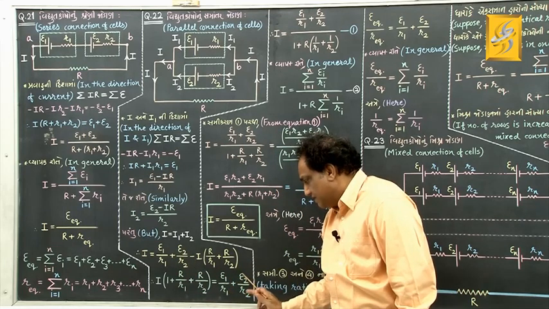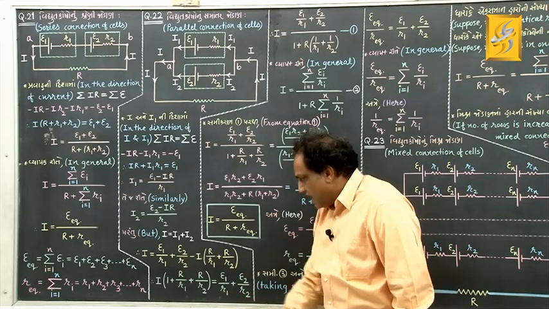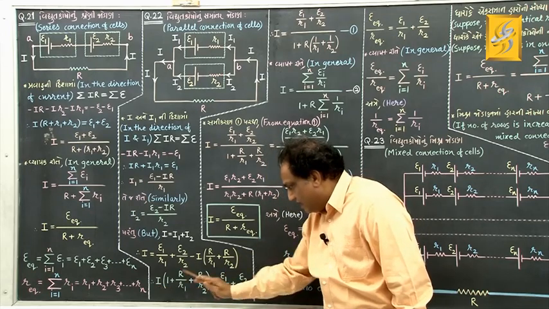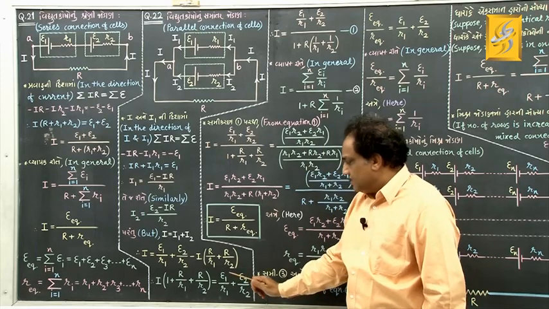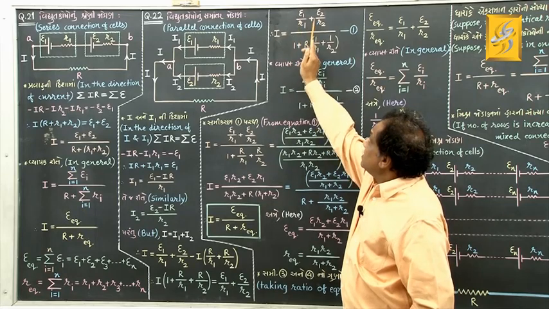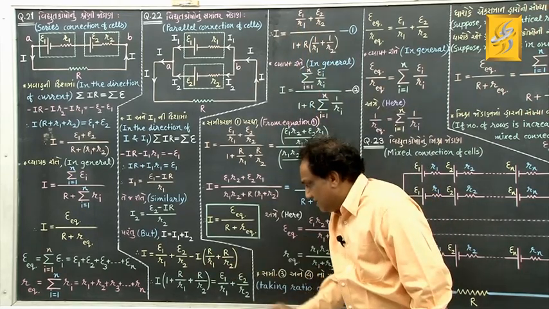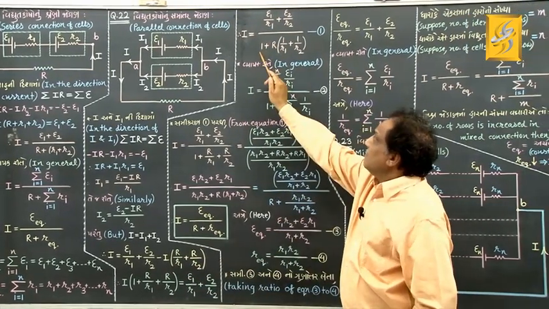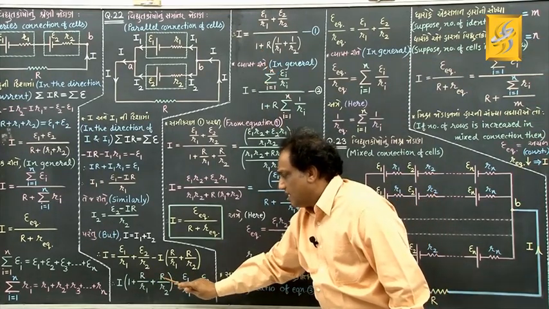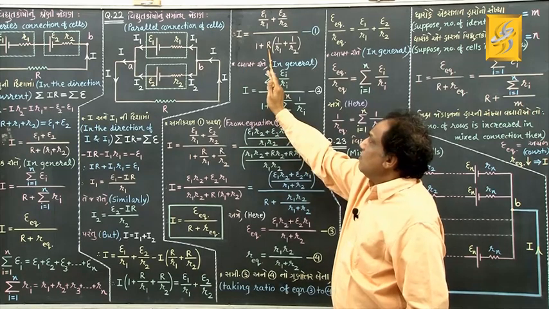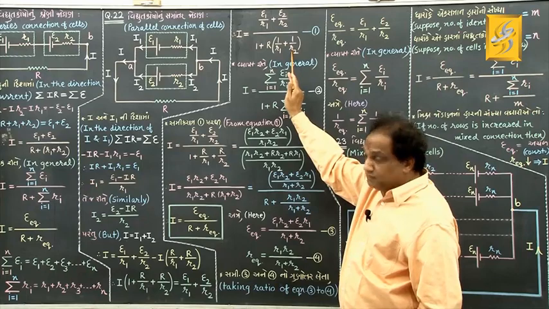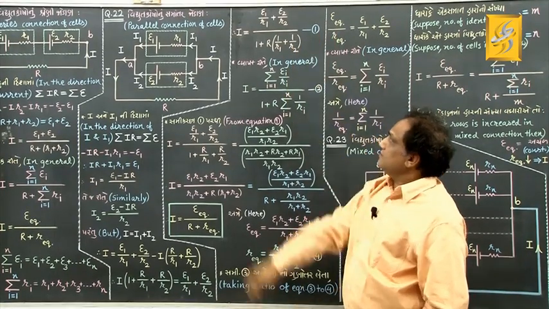I want this total current. Transfer this whole bracket to the denominator. Then it is E1 upon r1 plus E2 upon r2 divided by this entire bracket, that is 1 plus. Now from these two terms I just take capital R common. If I take capital R common, inside the bracket 1 upon small r1 plus 1 upon small r2. Give it equation number 1.